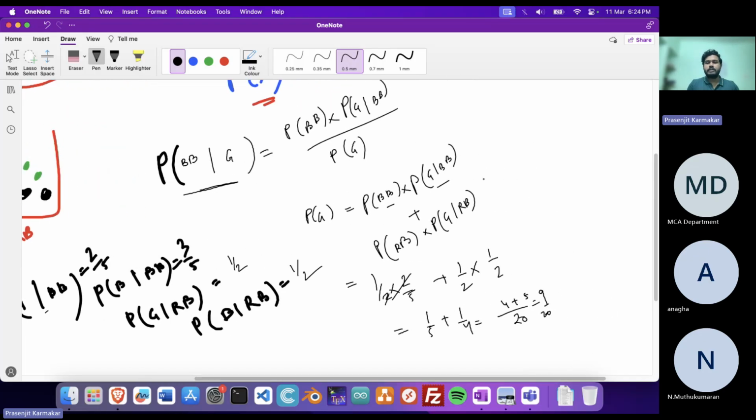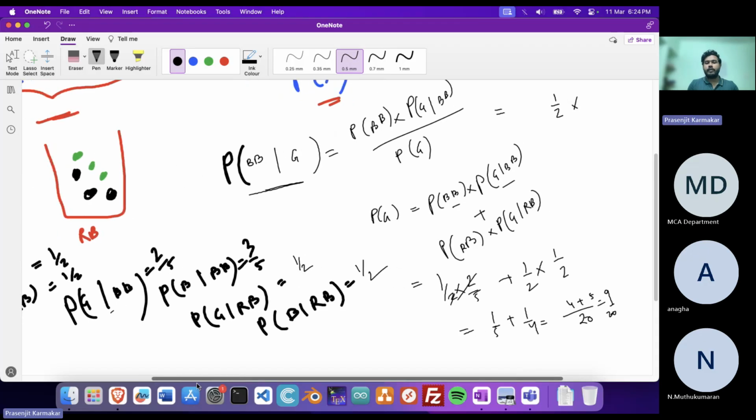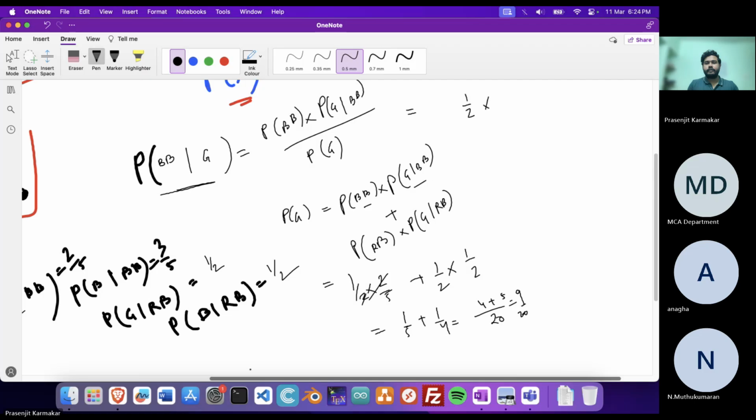Okay. Now let's put these values here. Probability of BB is 1 by 2 and probability of G given BB is here 2 by 5, divided by 9 by 20. We can simplify, these two will cross out.